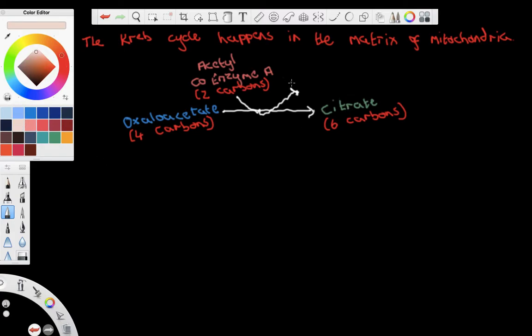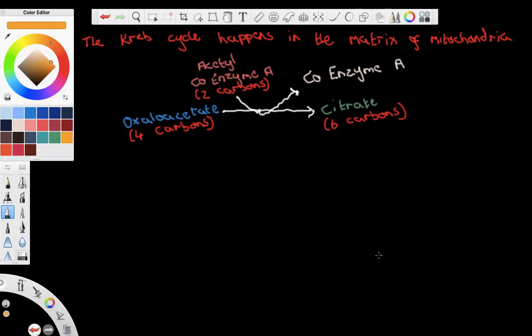When this happens, the coenzyme A is released. Okay? So we've got oxaloacetate being added to acetyl coenzyme A, which has come from the link reaction, to form citrate. Coenzyme A is released. 4 carbons plus 2 carbons makes a 6-carbon molecule.